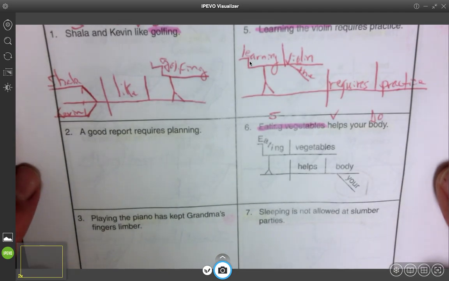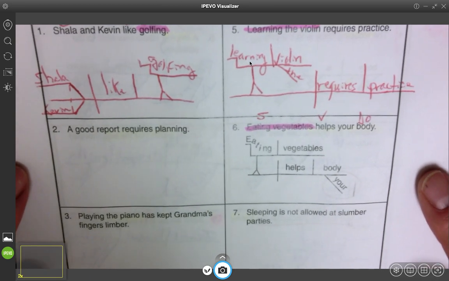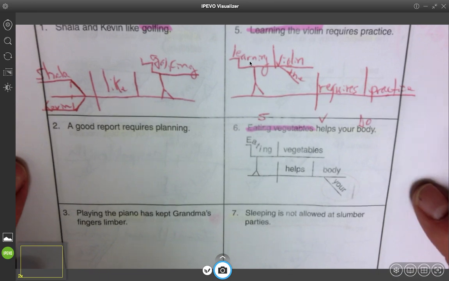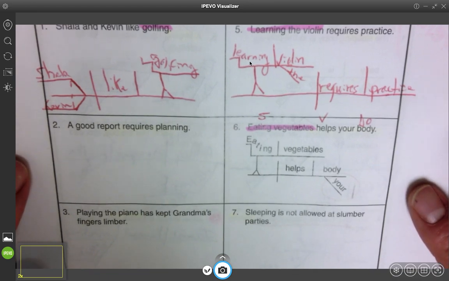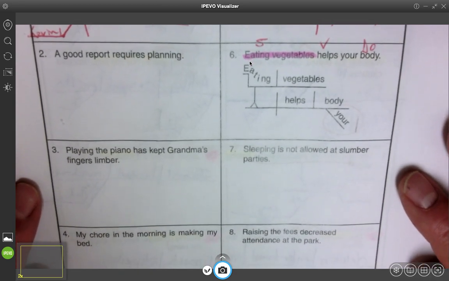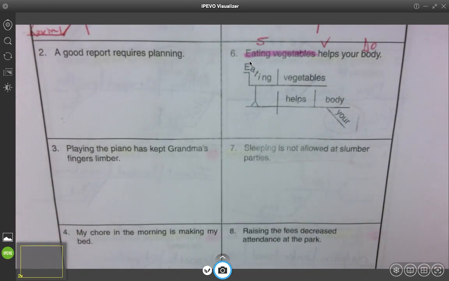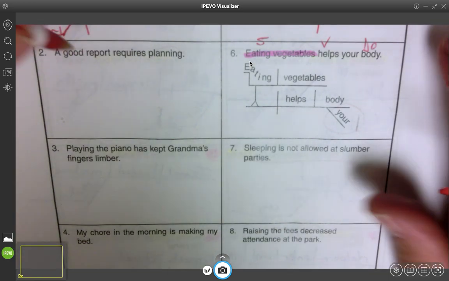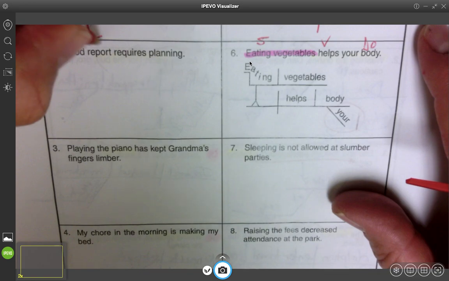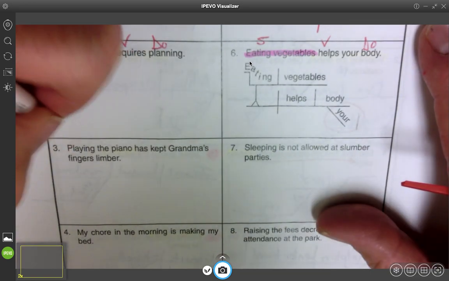Indeed, this will probably take some practice, some getting used to. I think if you're able to identify these sentence parts, that it will be a little bit easier. Couple of more examples. Sentence number 2. A good report requires planning. I'm going to again label report requires planning.